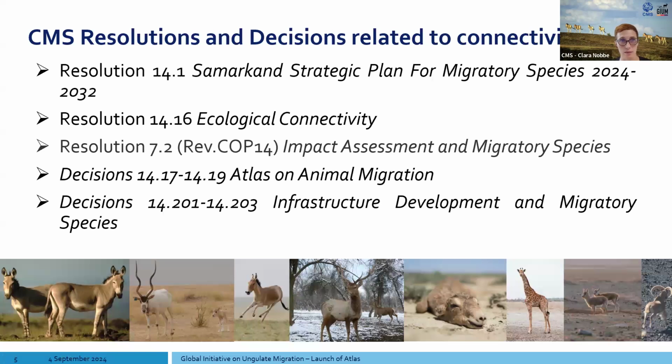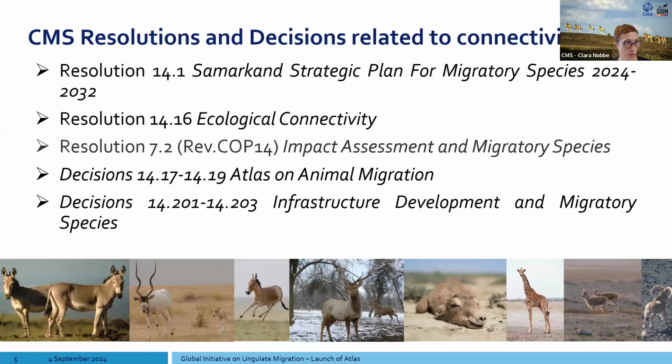However, there are also several resolutions and decisions related to connectivity or migration. One of those, Resolution 14.1 on the Samarkand Strategic Plan for Migratory Species, has as Goal 2 that the habitats and ranges of migratory species are maintained and restored, supporting their connectivity.